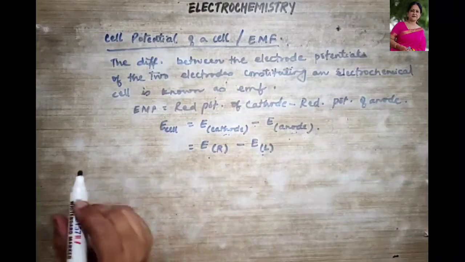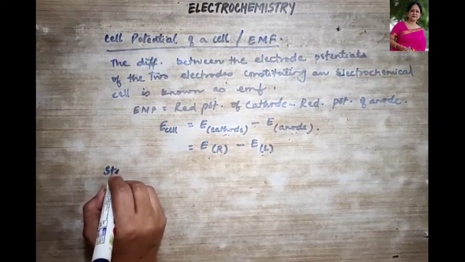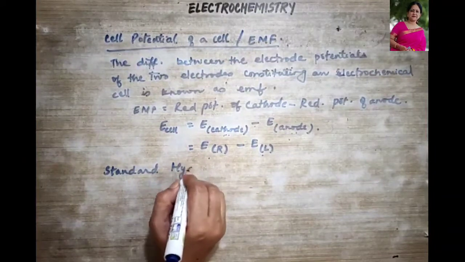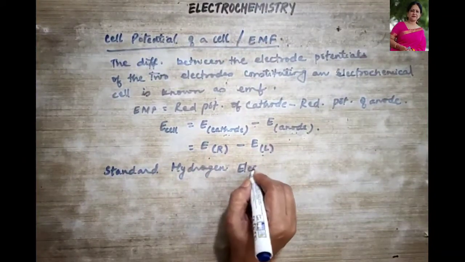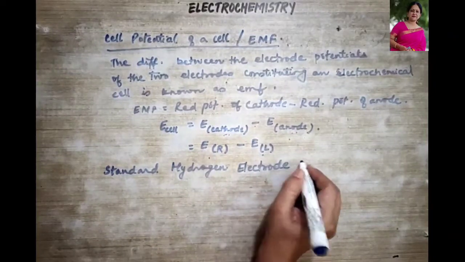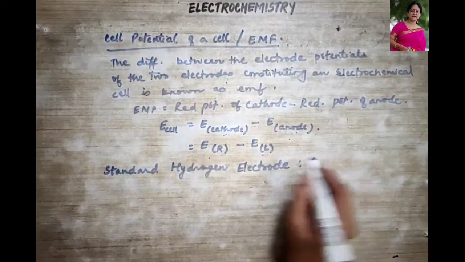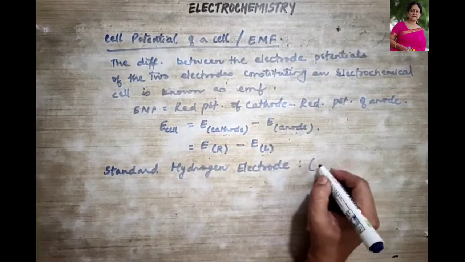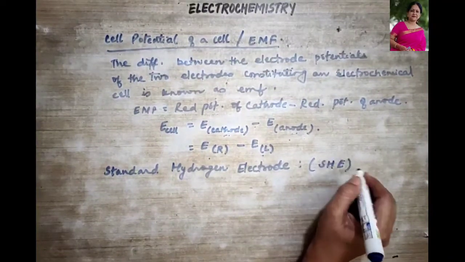Clear? I next come to the standard hydrogen electrode. These are a few words that I have used, so I would like to finish it off in this video only. We are going to study now the standard hydrogen electrode, which I can also write as SHE.